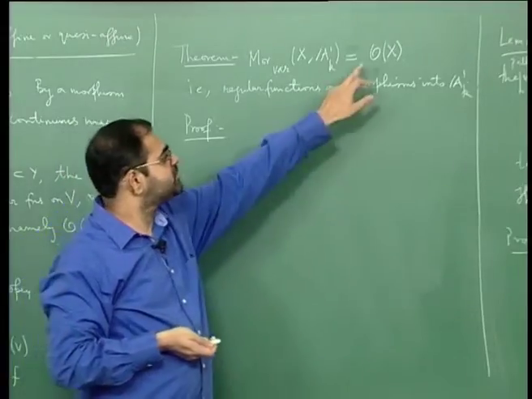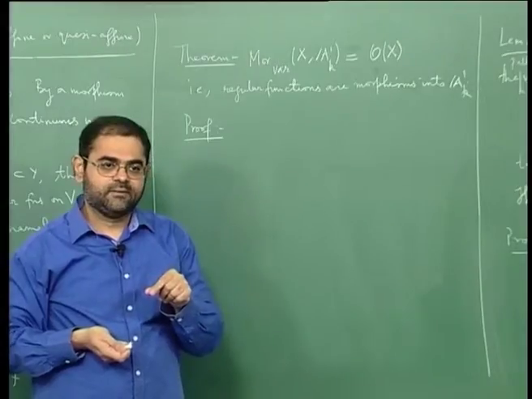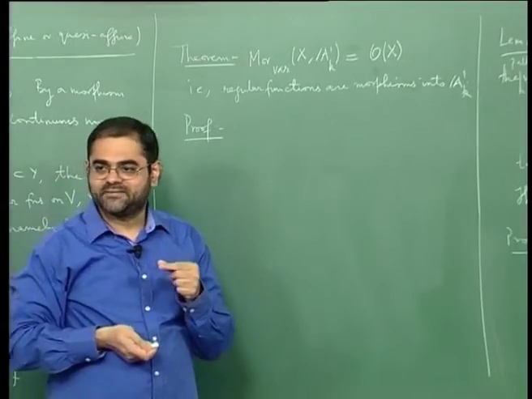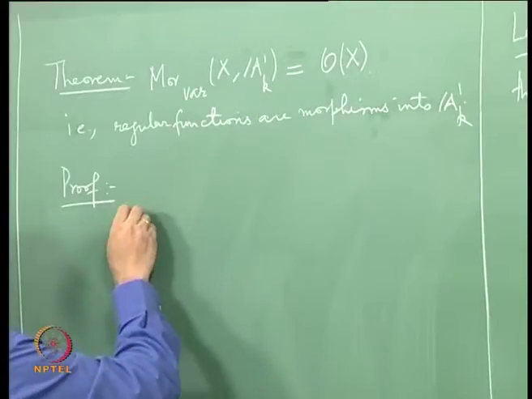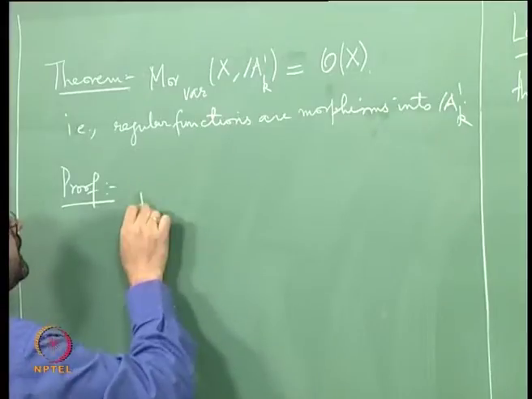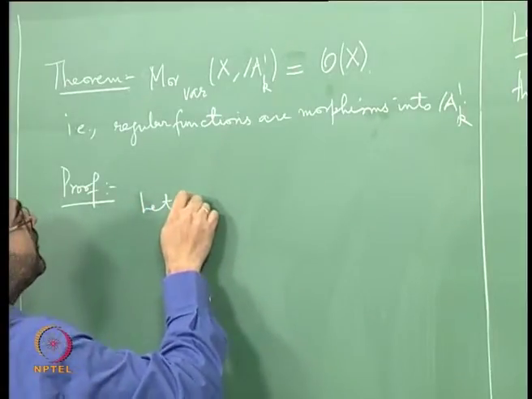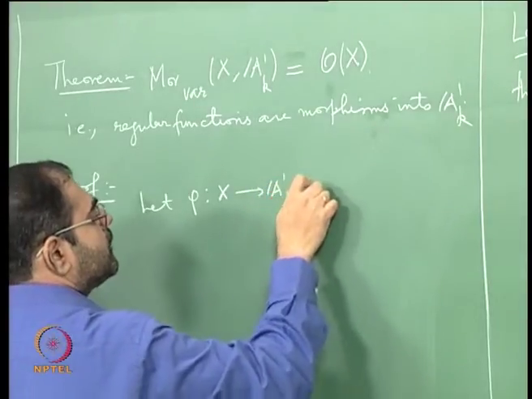So it's certainly a continuous map from X to A1, but the fact is it's actually a morphism from X into A1. That's what this theorem says. So let's prove this. Let phi from X to A1 be a morphism.